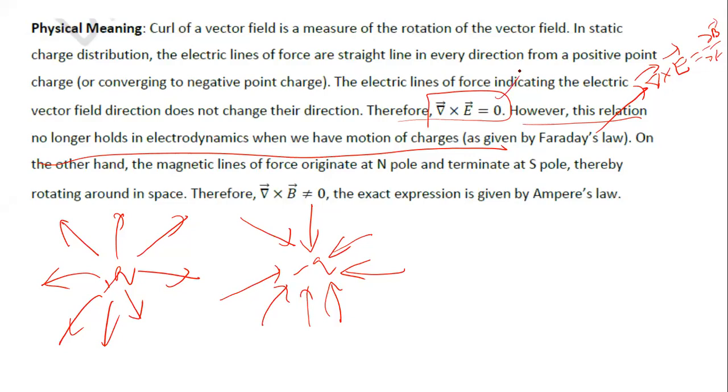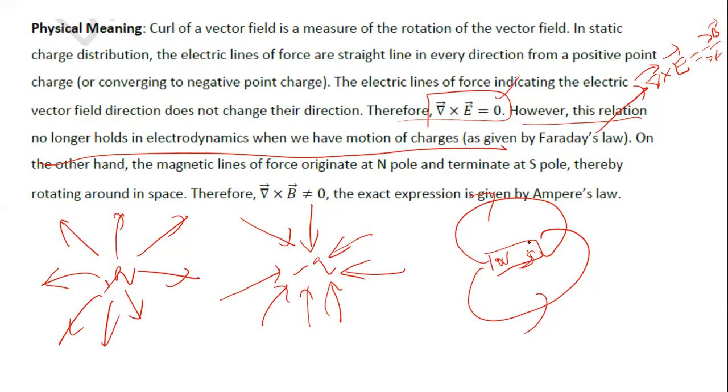On the other hand, as I discussed, the magnetic poles always exist in pairs, and the magnetic field lines originate from the North Pole and terminate at the South Pole. That means the magnetic field lines, instead of being straight lines, are actually rotating lines. They rotate around like this.